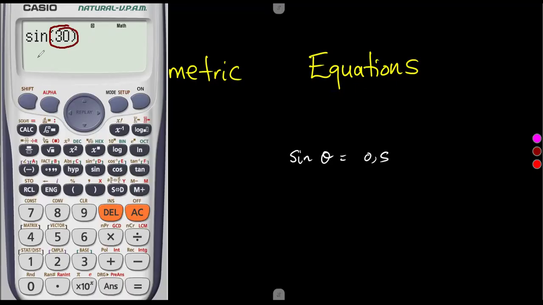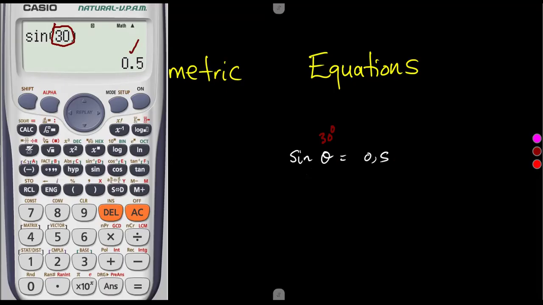You were simplifying this to get an answer, which is 1/2 or 0.5. So now we are asking, what is this angle that gives us the answer of 0.5? As you can see, our answer was 30 degrees, sine of 30 degrees gives us 0.5.